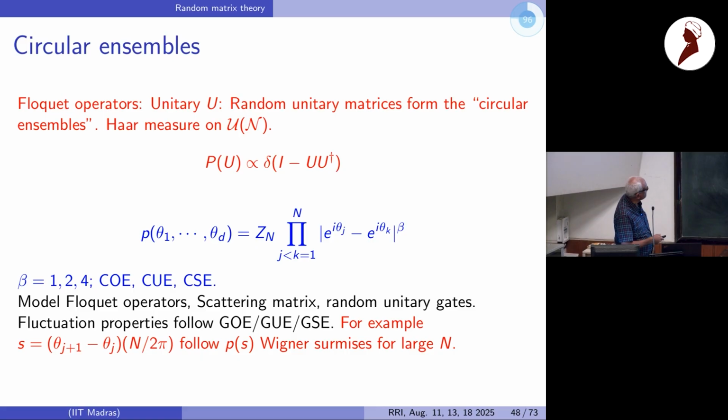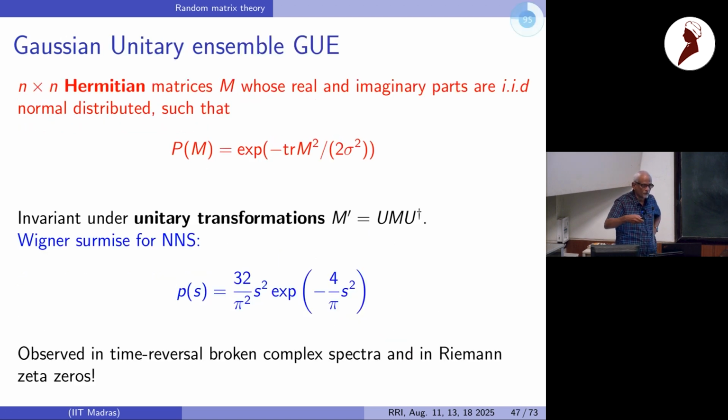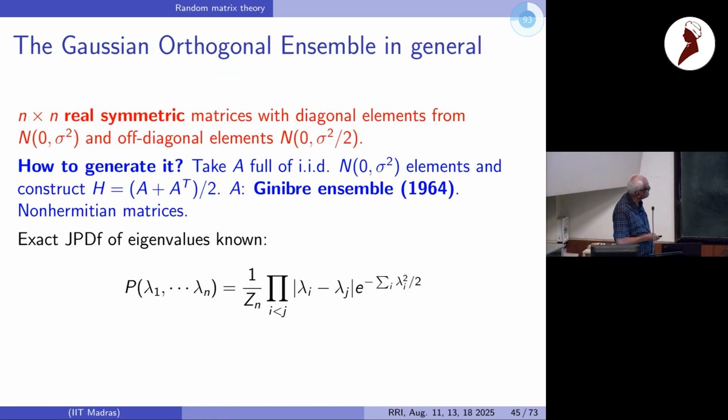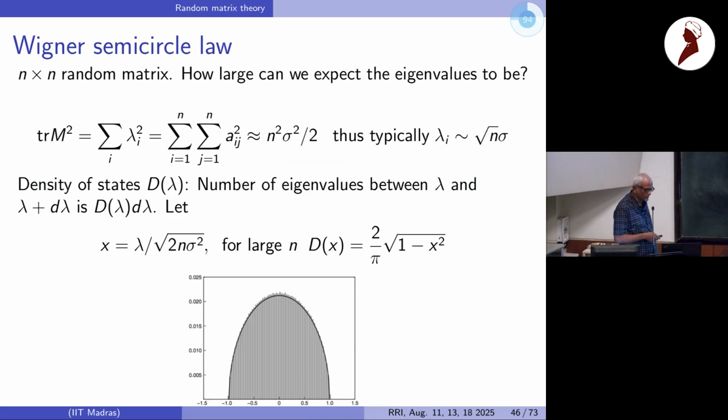I should also mention the circular ensembles because we have been dealing with things like unitary matrices, Floquet systems. There is no Hamiltonian there. By the way, all of these things which I'm introducing are models of Hamiltonians. If you don't know what the Hamiltonian looks like, or even if you know the Hamiltonian of a chaotic system, the spectral fluctuations look like those of random matrices.